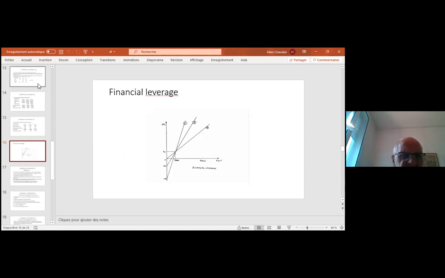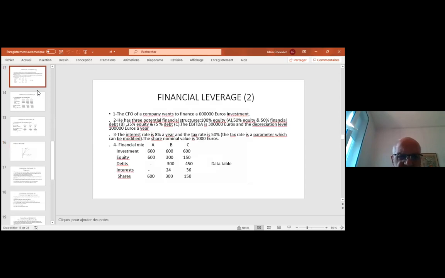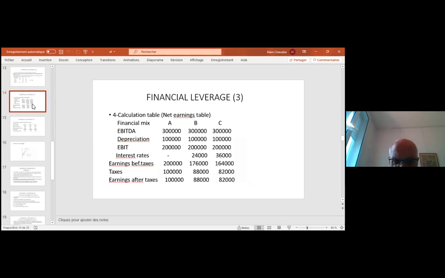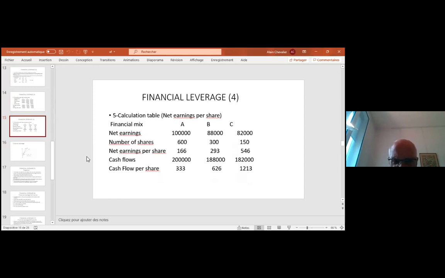You understand that the calculation is very simple. I did that in 4 slides, showing you the data. The first calculations of earnings, with the first conclusions. Now the calculation of cash flows, net earnings per share, and cash flow per share, and another conclusion which is different from the preceding one.